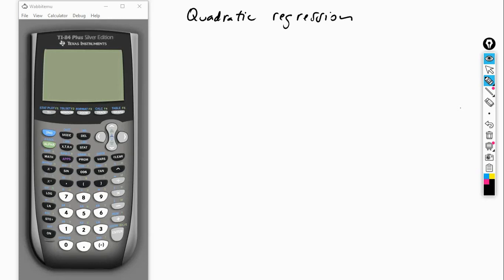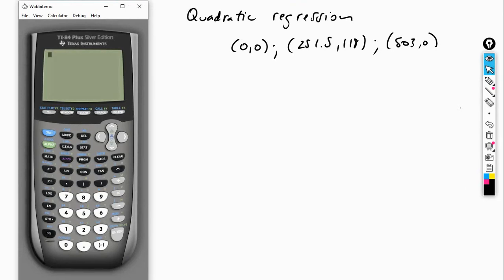So we have 3 points that we know of. We have (0, 0), then we also have the point (251.5, 118), and we also have the point (503, 0). So in the calculator, we want to go to Stats and Edit, and you're going to find lists. Notice that it says list 1, list 2, list 3, and so forth.